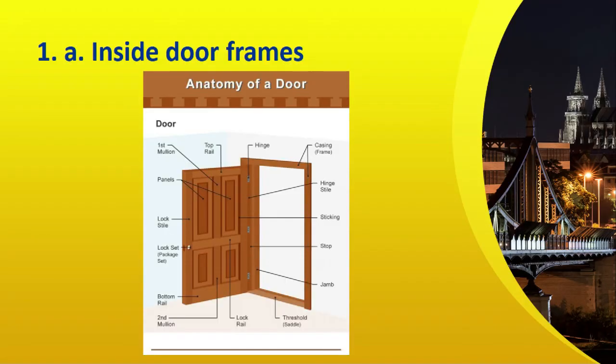Inside door frame. So these are the parts of a door. First is the top rail, first mullion, panels, lock style, lock set, bottom rail, second mullion, lock rail, threshold or saddle, jamb, stop, stacking, hinge style, casing and frame, and hinge.